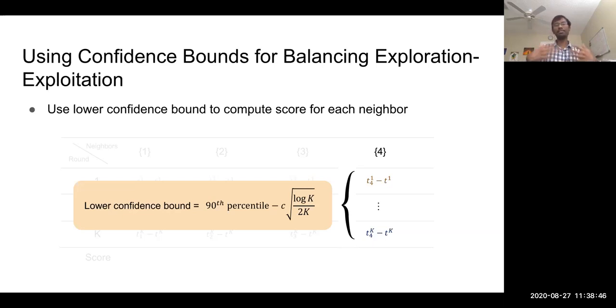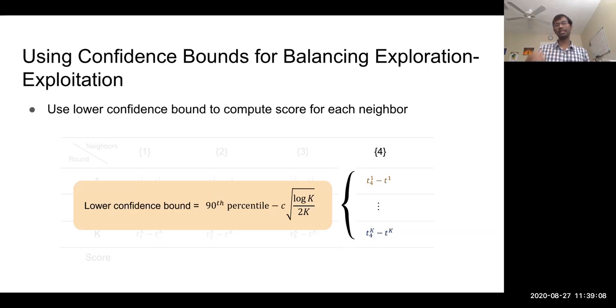But we know, from the literature on this multi-arm bandit problem, that if we want to minimize the regret, if you want to minimize the opportunity cost, a good algorithm has to not only exploit based on its prior observations, it also needs to continuously explore new unseen options as well. So there has to be a balance.